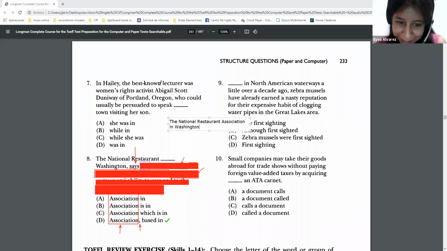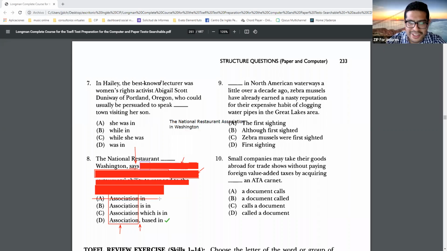So letter A is not the correct one because we need a verb before the comma and we don't have one. We have a verb in B and C. If you say "The National Restaurant Association is in Washington, comma, says," that means you have two verbs and just one subject.